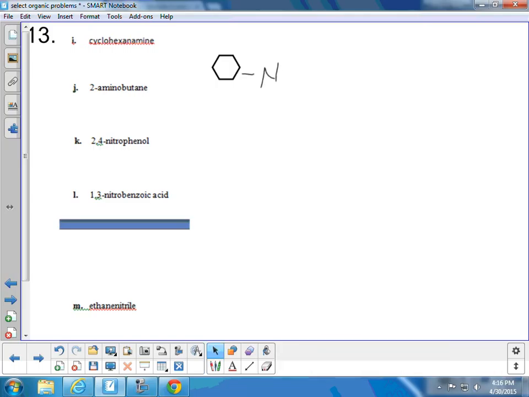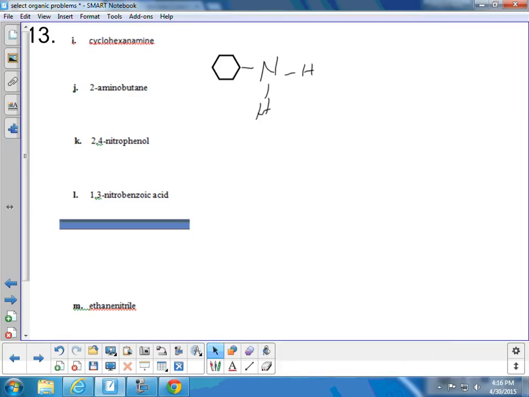And then we don't have anything else for it to attach to. So just like with carbon, we fill in the rest of it with hydrogen. Or you could also write it as NH2.